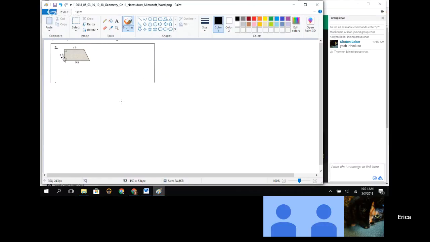Okay, so if I want to find the area of this, one thing I can do is just use my straight formula.